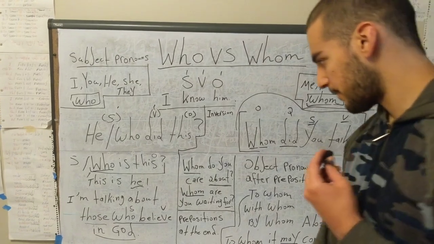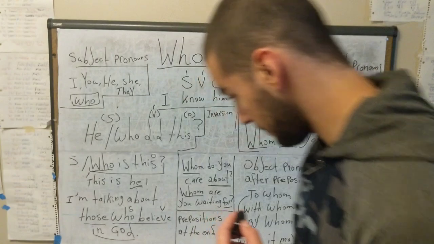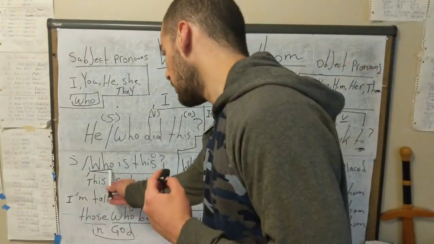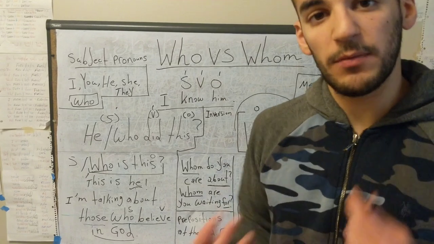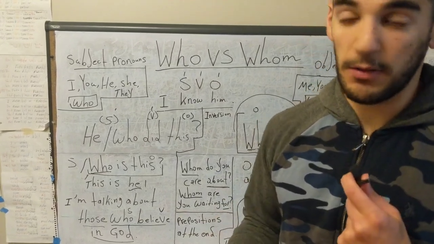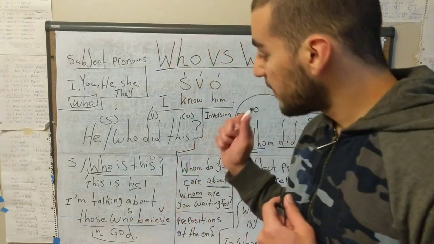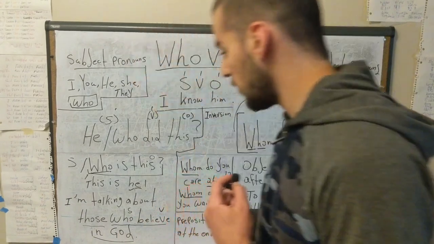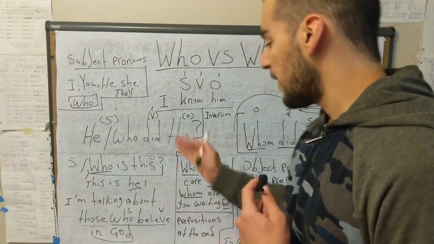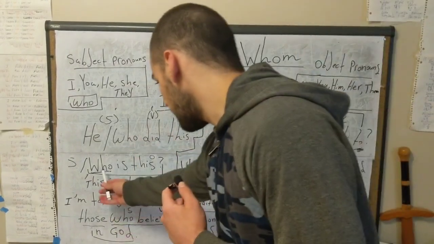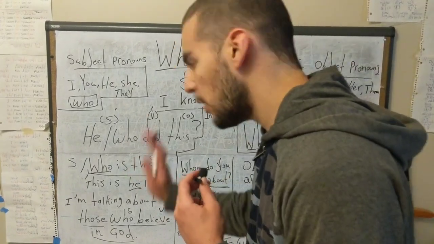Now, coming down here to who again, in English, we say, who is this? We don't say, whom is this? And the reason why is it is followed by this is he, the pronoun that you must have after the verb to be. This is why in English we say, who is this?